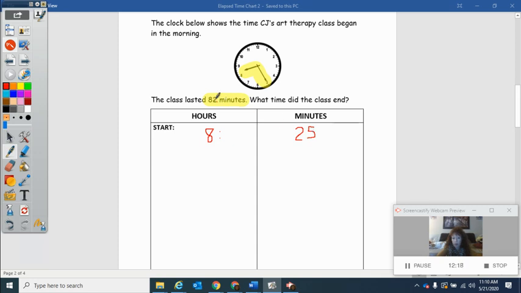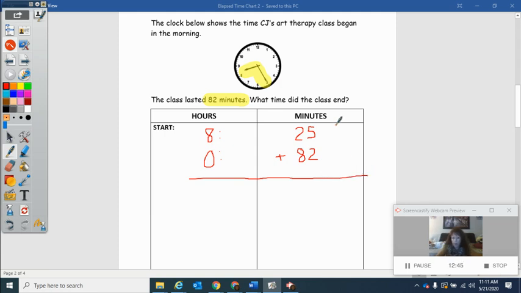And we know that the class lasted 82 minutes. I got to figure out the end time. So I can add 82 minutes over here. If you want to put the 0, you can. 0 hours and 82 minutes.